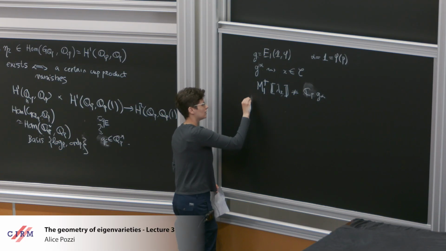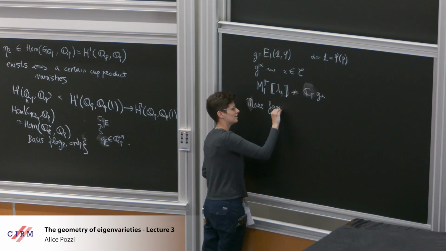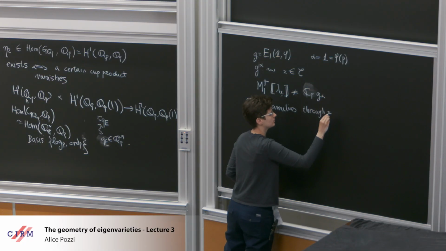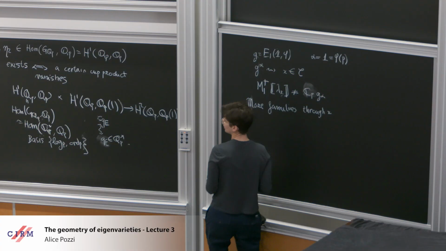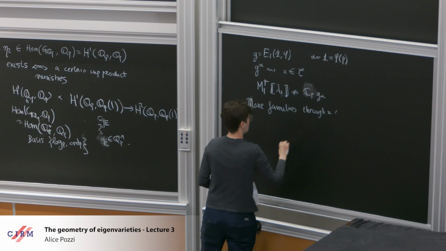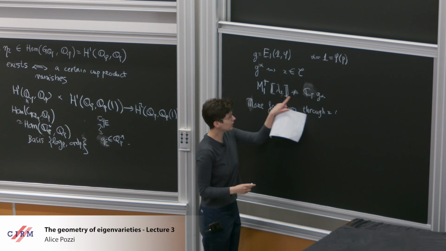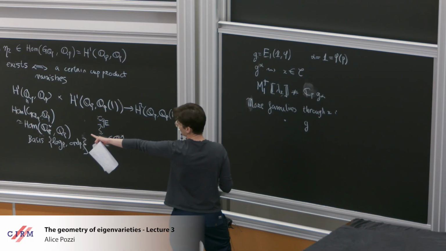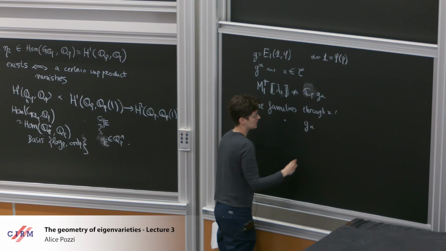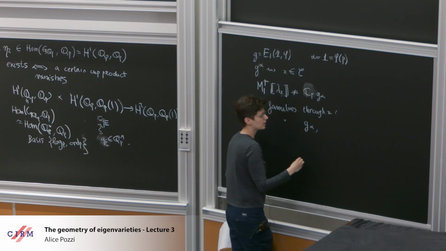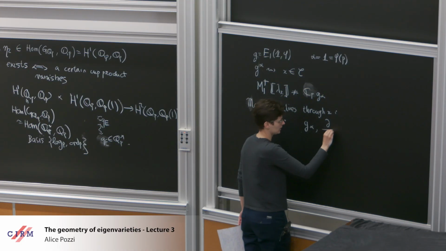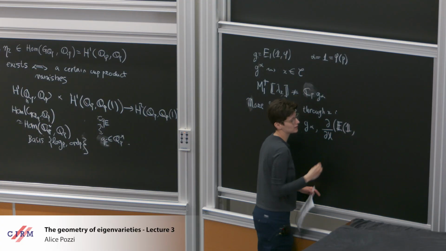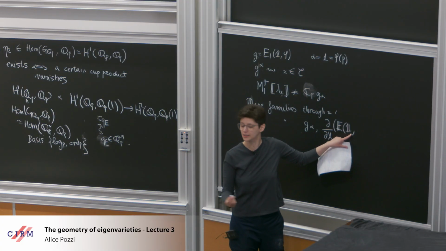So there are more families through X. One reason is, I can look at elements of this generalized eigenspace, but if that were actually the whole picture, a basis would be given by this element G alpha, and I could take another element, viewing the families as having coefficients in lambda, because they are parameterized by the weight space.